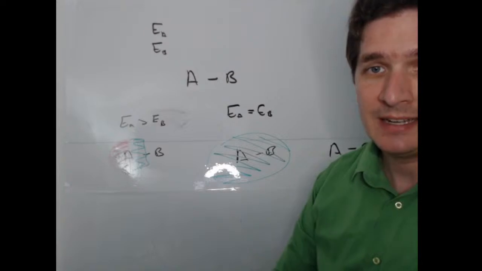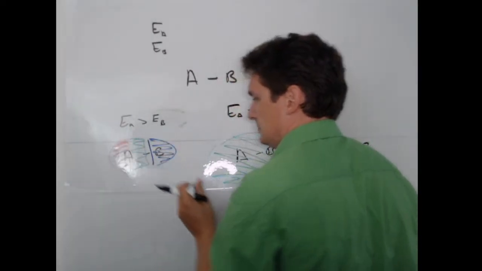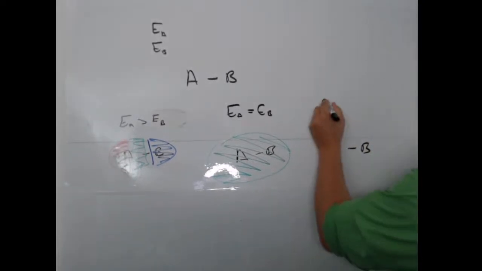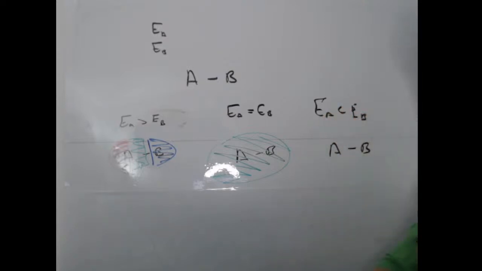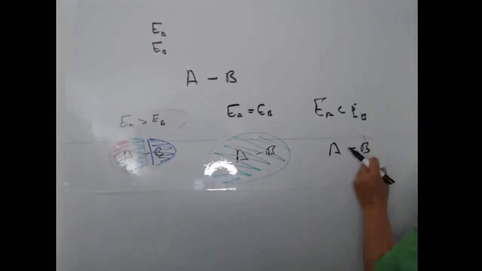Then blue means lack of electron density. If the electronegativity of B is greater than A, we'll get the reverse coloring. You can see that.